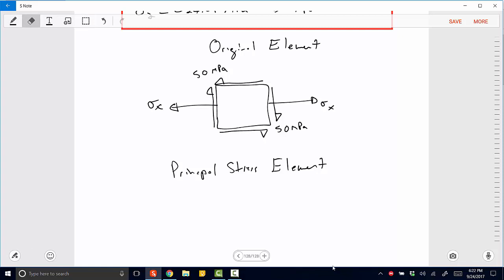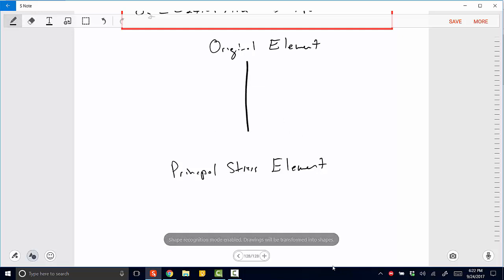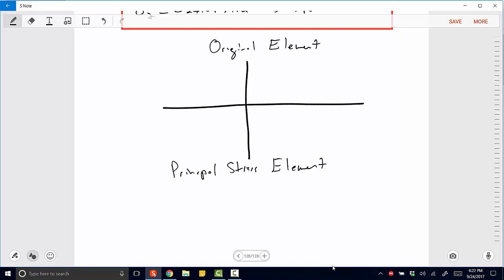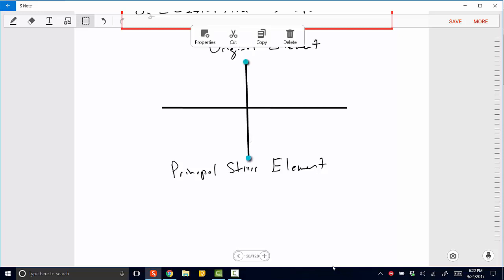So, in fact, let's start over. Let's recreate our original element using our shapes feature, so we can have a nice, beautiful little element here. Got our original element, got a coordinate system, and let's draw the element.